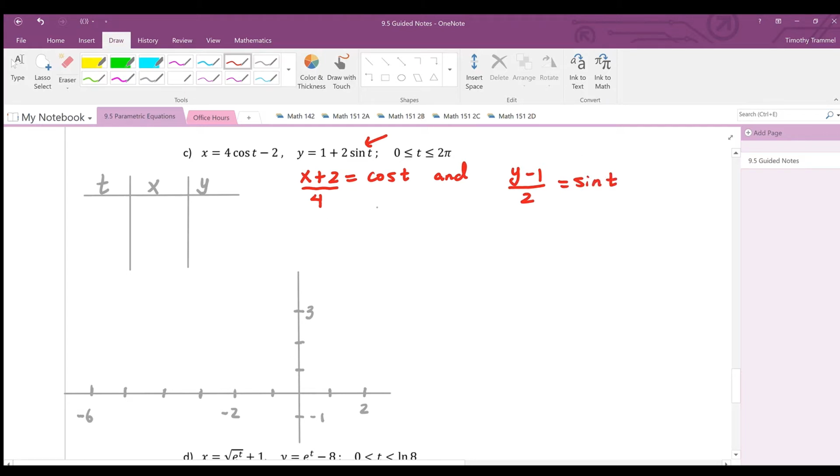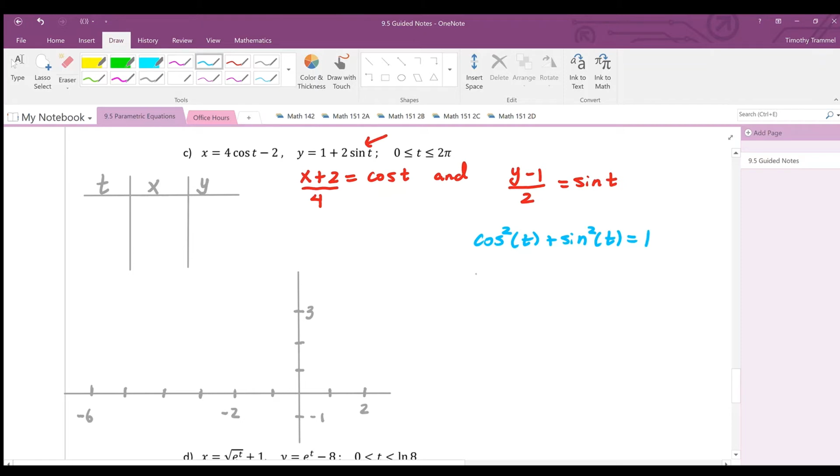And now, if we were to again use the fact that cosine squared t plus sine squared t is equal to 1, and let me not forget my t's here too. Cosine squared t, sine squared t. Next step will be to actually square cosine.